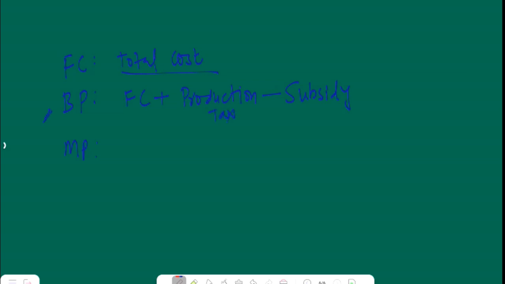And for getting market price, we will have to add product tax and minus subsidy. This is a confusing situation where students get confused. The difference between production tax and product tax. Production tax is actually imposed on the firm.